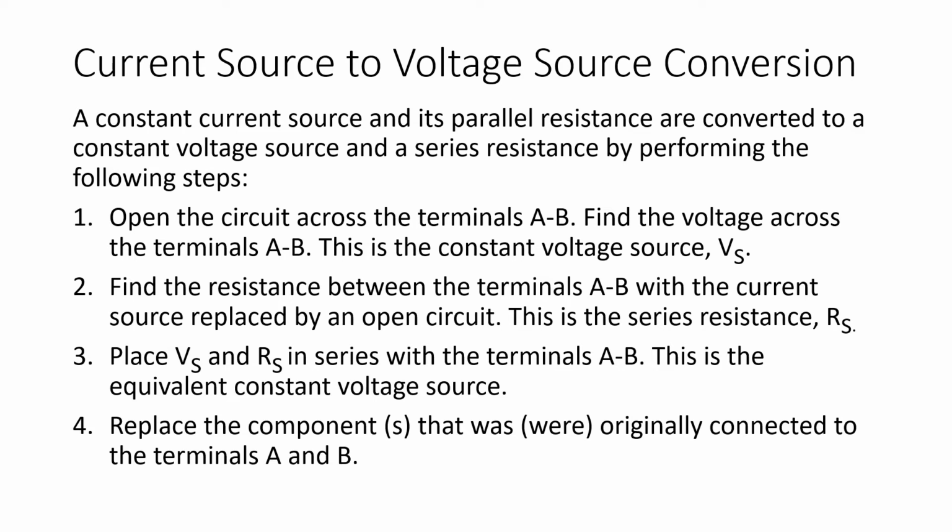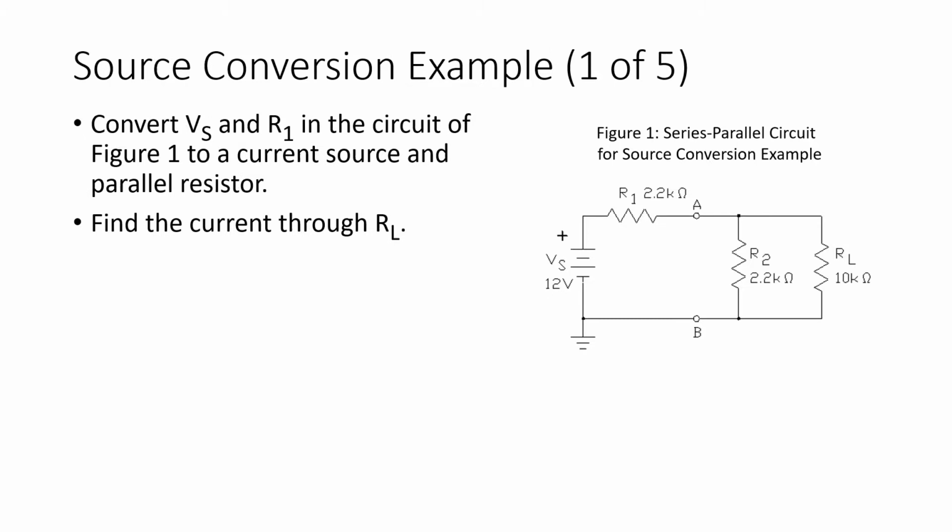Hopefully you are seeing some similarities with our voltage source and series resistance to the Thevenin equivalent circuit and the current source and its parallel resistance to the Norton circuit. So let's look at an example of the source conversion theorem.